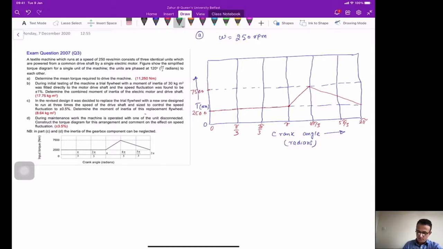Now if you want to draw the similar diagram for the next unit, it will be 60 degrees out of phase. So this one, as you can see, is starting here. The next one should start at 120 degrees.